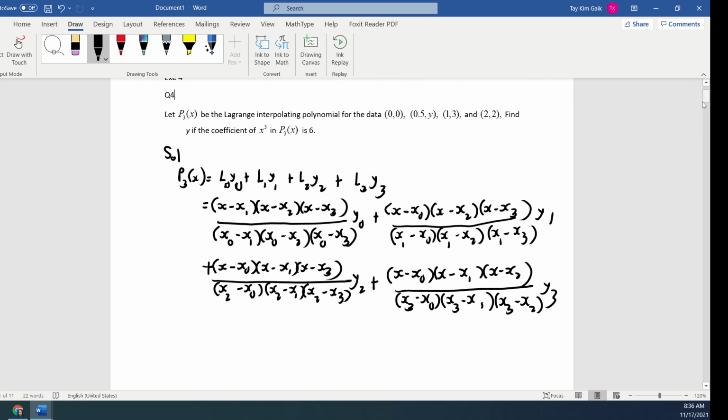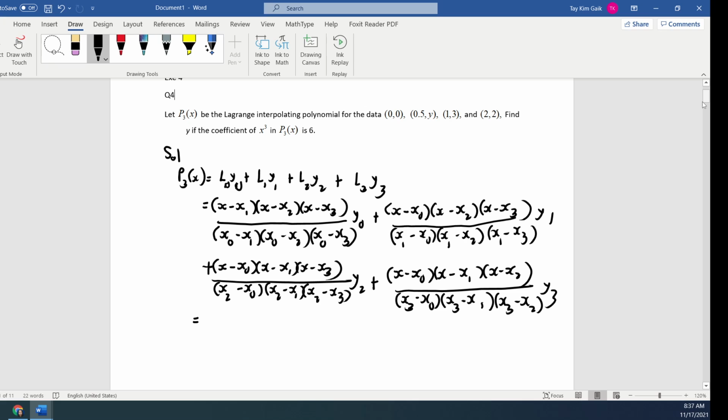Now, in this question, because you are not estimating the y value given an x value, but we want to determine the coefficient for this y, if the coefficient for x cubed in P3(x) is equal to 6, you can plug in all the x nodes up to x3.